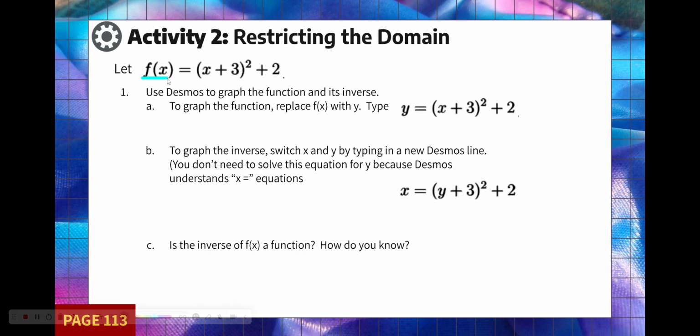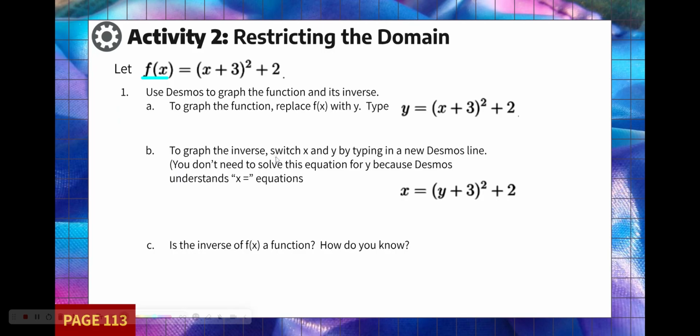So given an equation f of x equals x plus 3 squared plus 2, use Desmos to graph the function and its inverse. To graph the function, replace f of x with y, as what I've been mentioning from my past PowerPoint or slides. Your function f turns to y equals x plus 3 squared plus 2. Again, I changed function f to y.